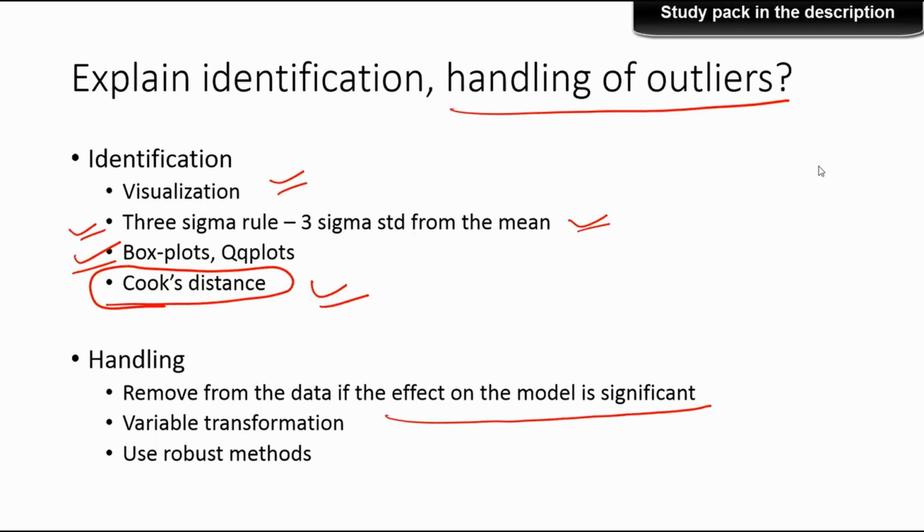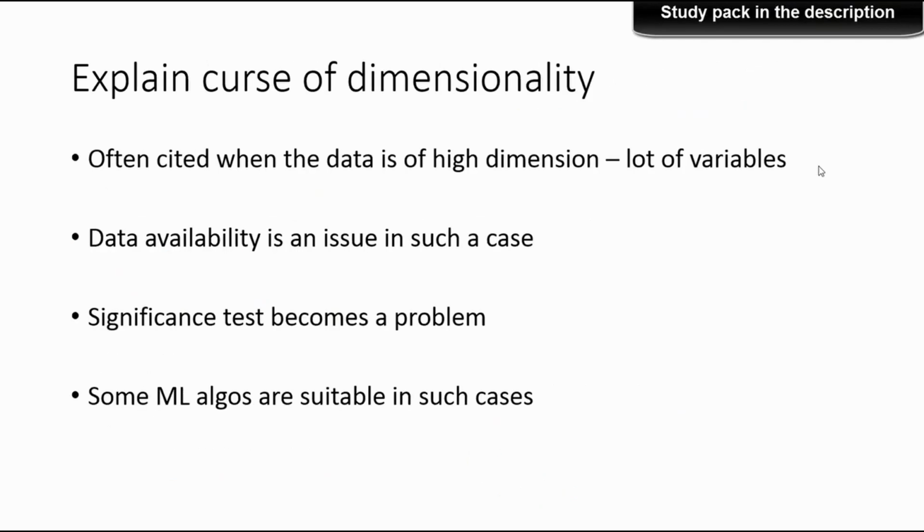In case you cannot remove them, then you can use robust statistical estimation methods, like robust regression, which is one method that helps get rid of outliers. You can also use weight of evidence, often used in the credit risk industry. So weight of evidence transformation of variables helps in getting rid of outliers.